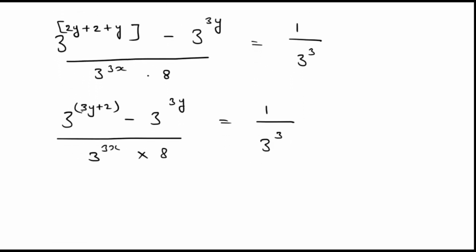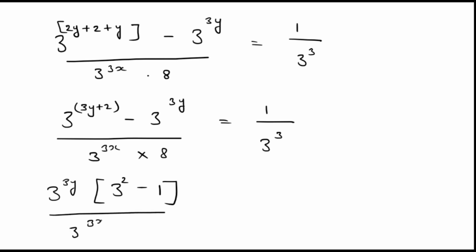Now in the numerator, we'll take out whatever is common. So 3 to the power 3y is common. If we take it out, we are left with 3 to the power 2 minus 1, divided by 3 to the power 3x into 8 is equal to 1 divided by 3 to the power 3.